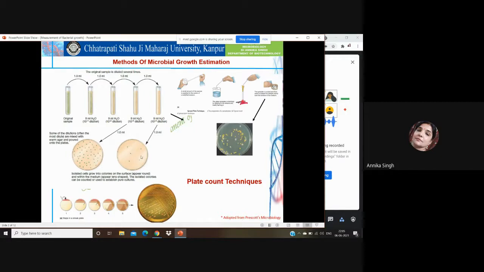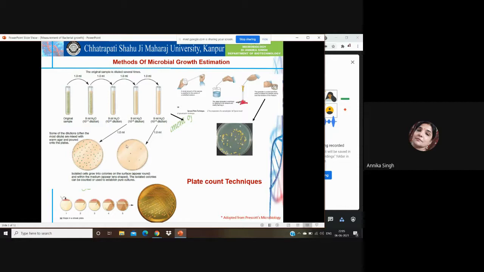In the pour plate method, we put a small amount, say 100 microliter or 50 microliter, of this diluted sample on agar plate, or directly on the molten agar medium, which should be at a temperature of about 45 degrees Celsius, so that there is no adverse effect of temperature on the bacterial or microbial life.